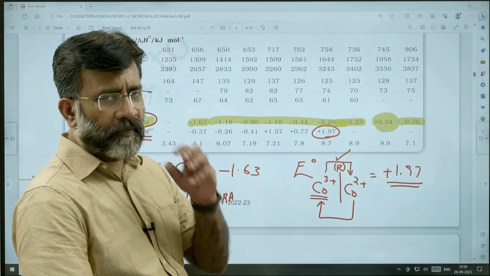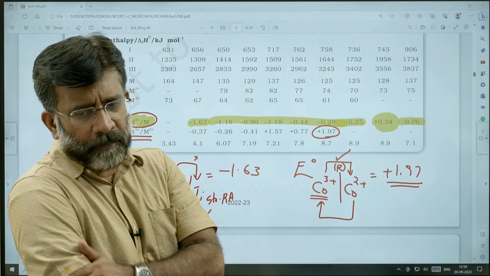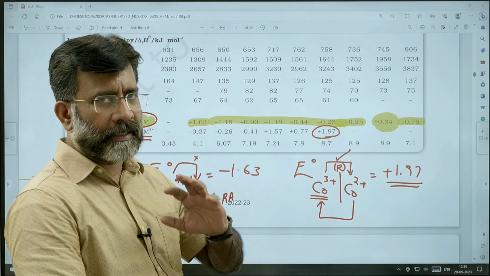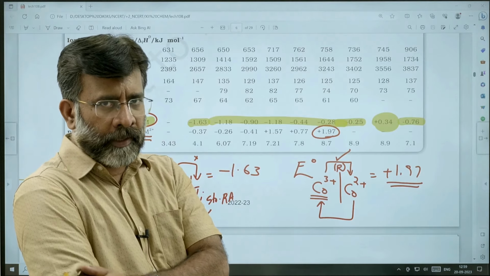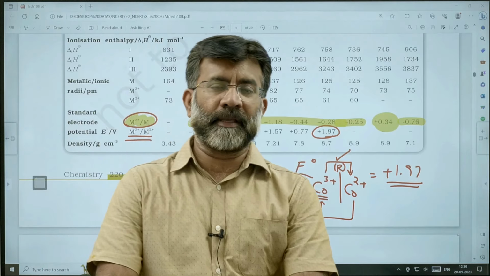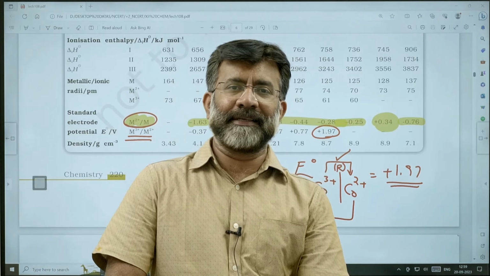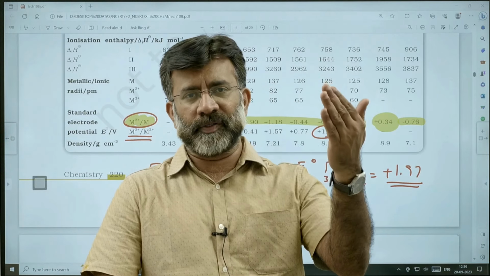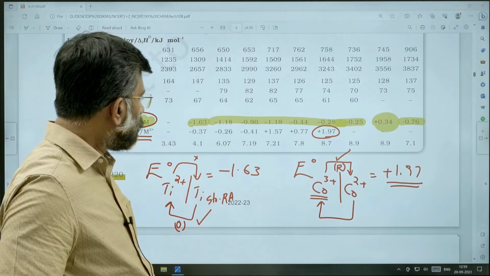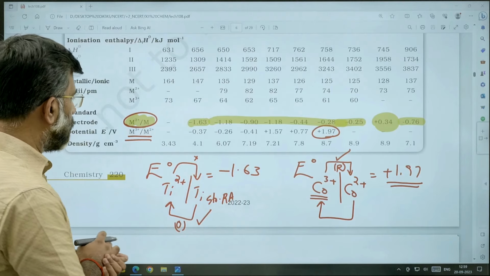That is the standard potential value. So copper seems to be a bit oxidizing in nature, while others are basically reducing in nature. Even that is there in the electrochemical series. In the electrochemical series, copper comes above hydrogen, while all others come below hydrogen, right? So that in fact is a very important point.